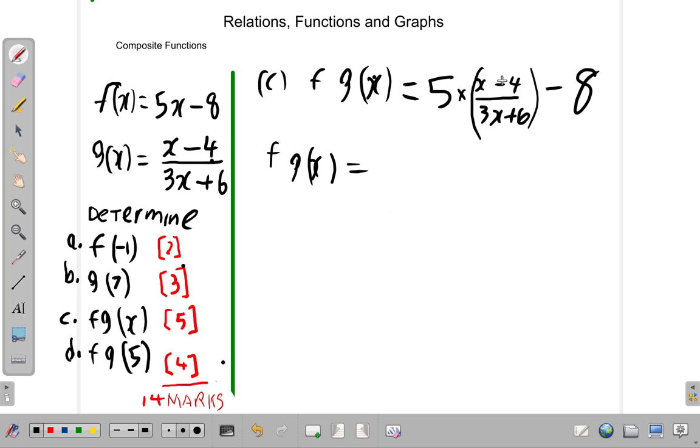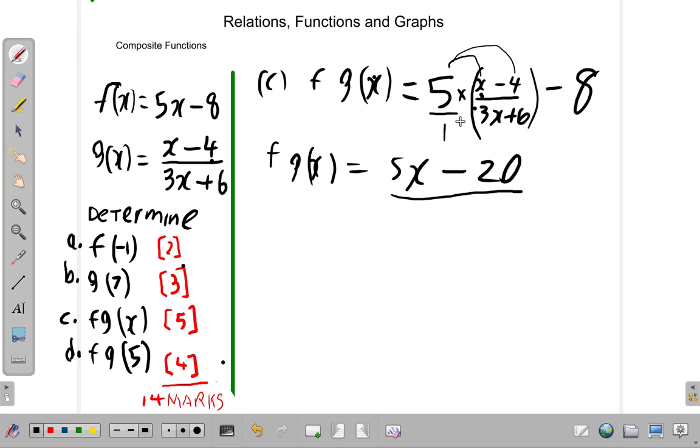Remember, the 5 will not multiply up top and down the bottom too, 5 is really 5 divided by 1. So since the x minus 4 divided by 3x plus 6 is a fraction, let's turn the 5 into a fraction as well by putting it over 1. It's going to be 5 by x and 5 by negative 4. 5 by x is 5x minus 5 by 4 is 20. We already have the negative here.